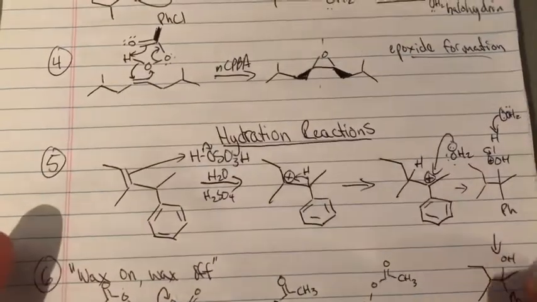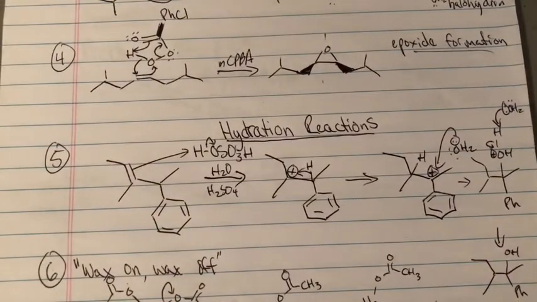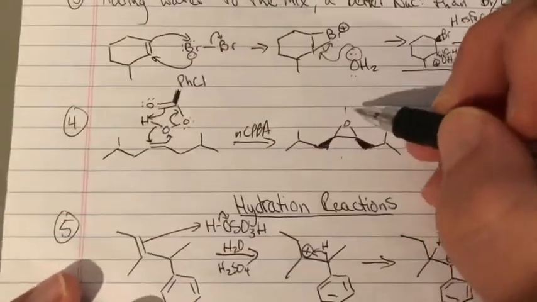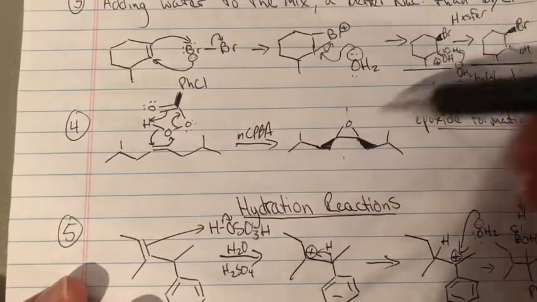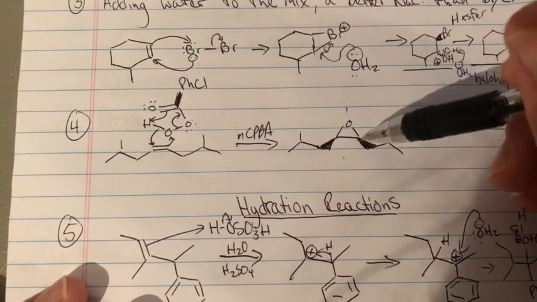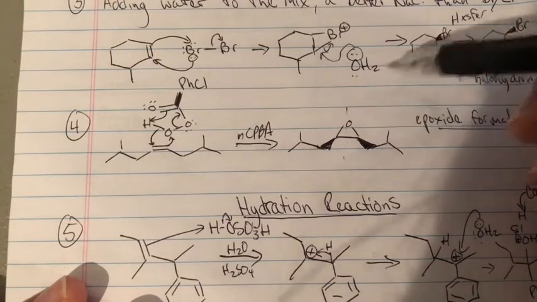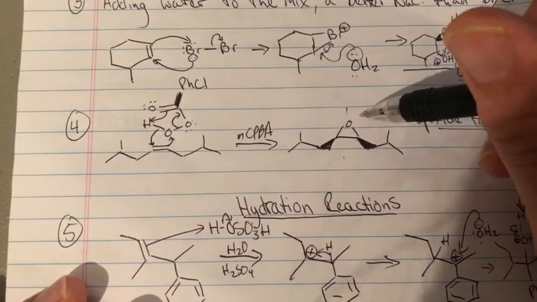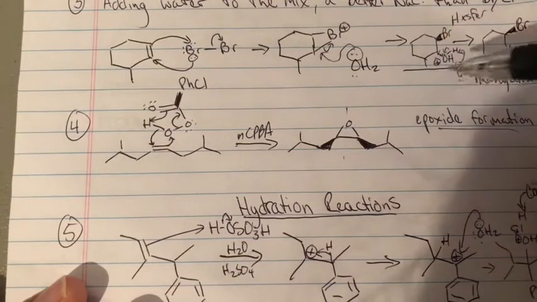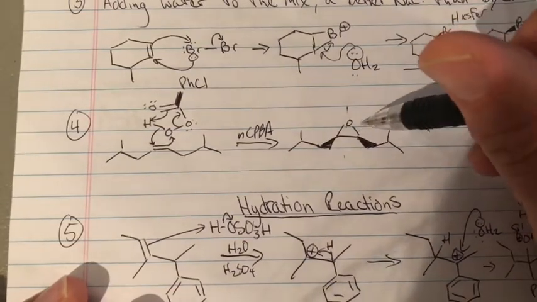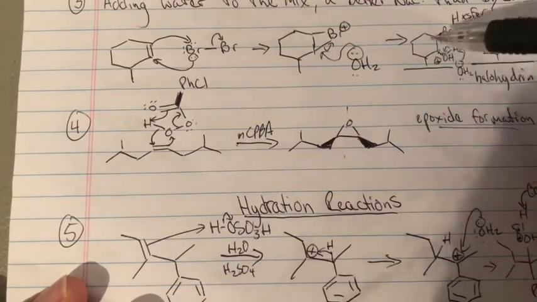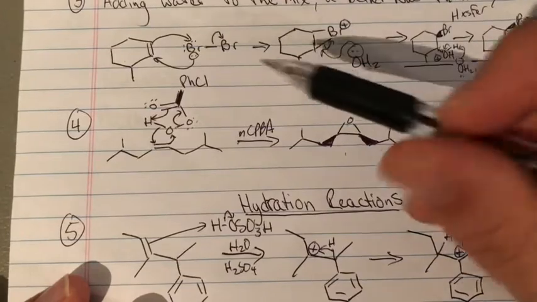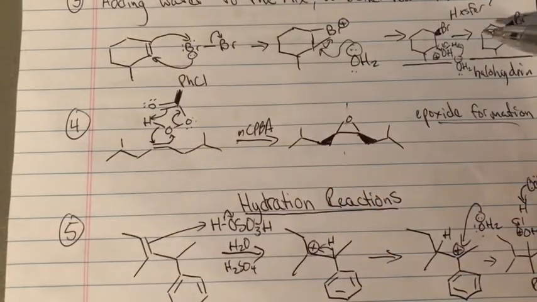All right, so last, moving on into hydration reactions, you could actually use this as an intermediate and then strike it with H plus or OH minus and get some kind of hydration, or sorry, rather lithium aluminum hydride, treating it with that and then hitting it with some kind of acid to get, you know, effectively the same kind of hydration.